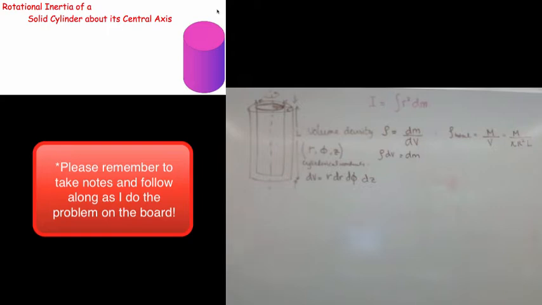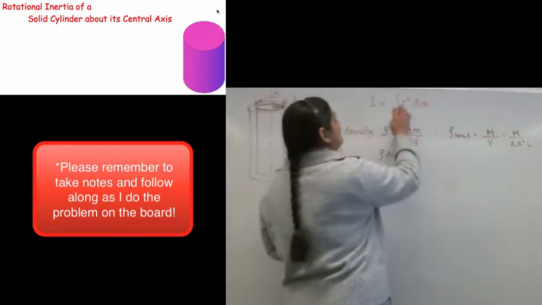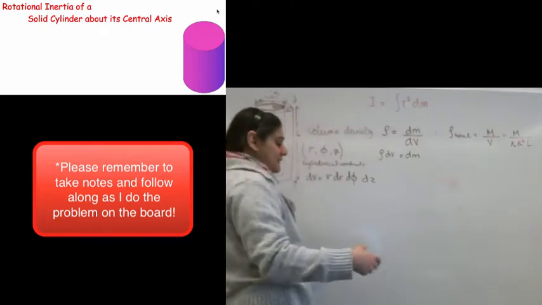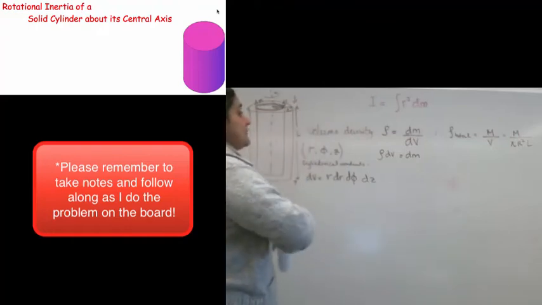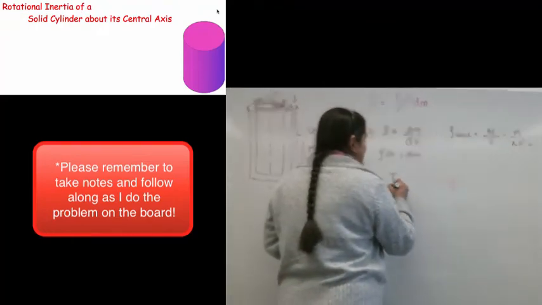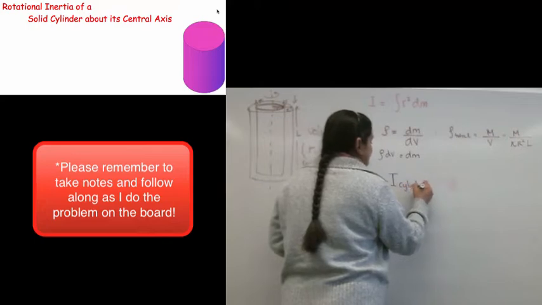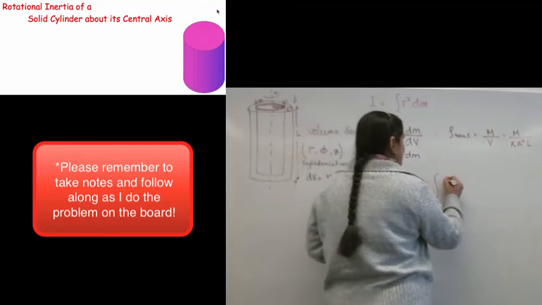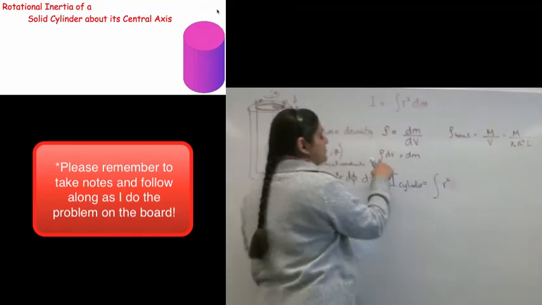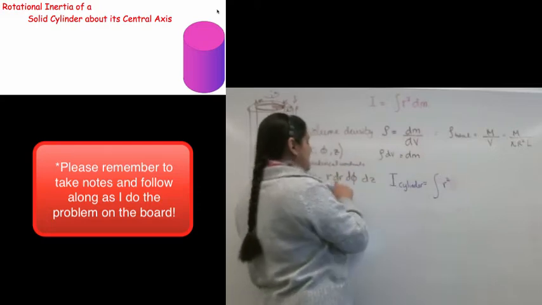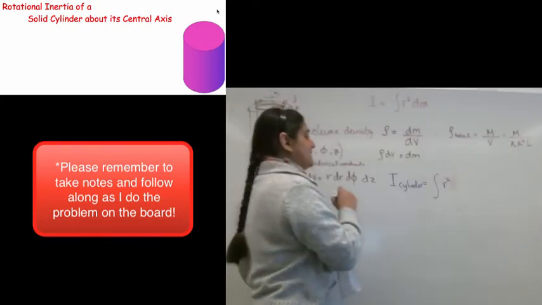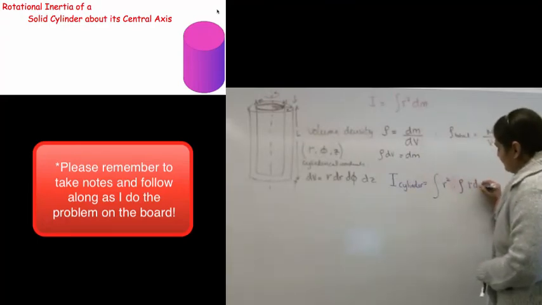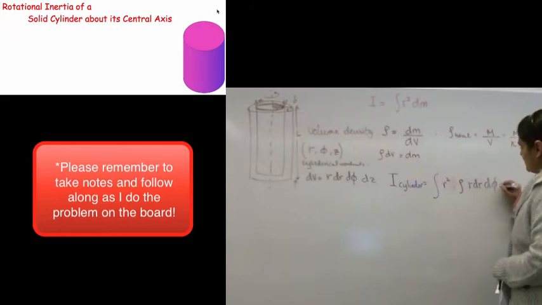Once we have that done, I can plug these values back into my original moment of inertia formula, and I can solve. So for a cylinder, I will now be equal to the integral of r squared. Instead of dm, I'm going to put rho dV, and instead of dV, I'm going to put in r dr d phi dz. So this is going to be rho r dr d phi dz.